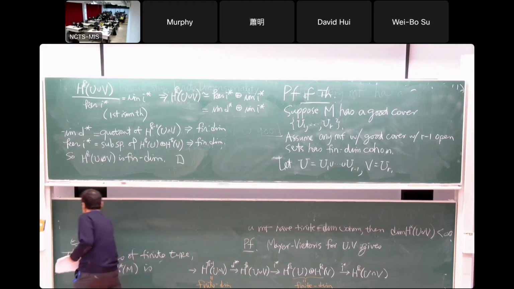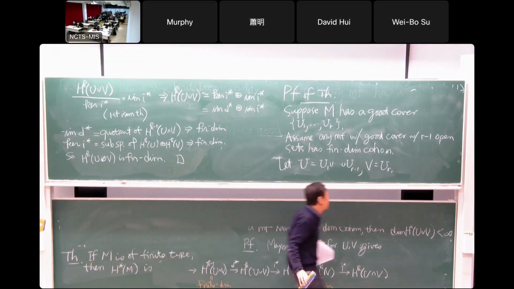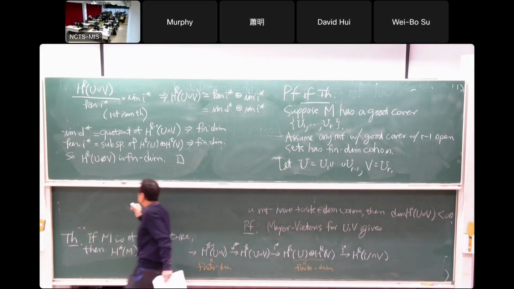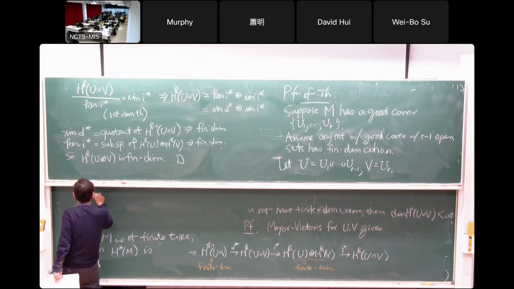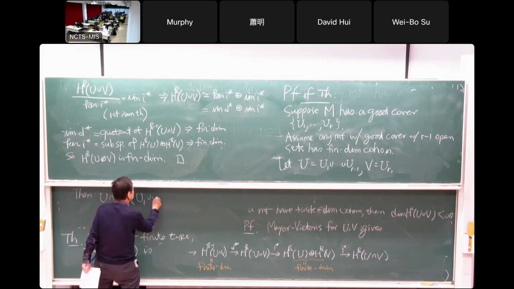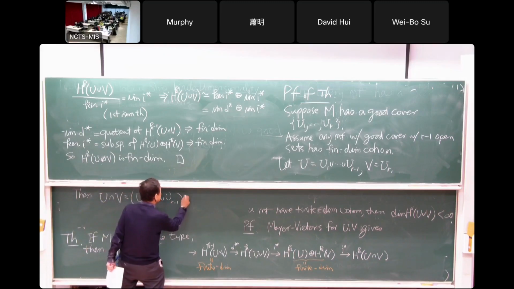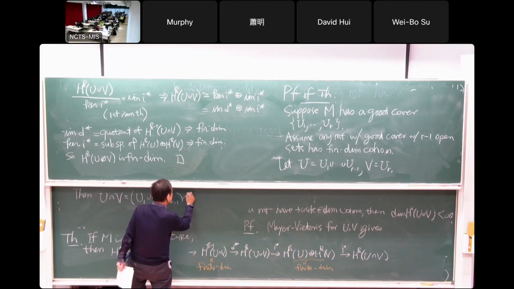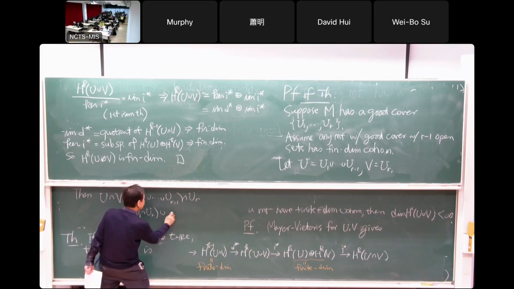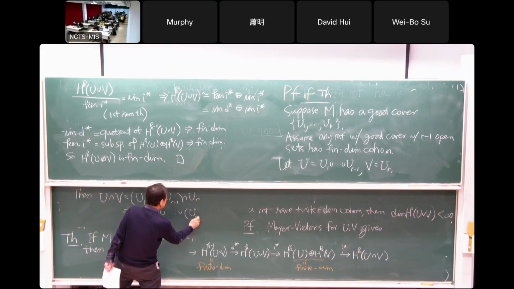What is the intersection? U intersection V is (U1 union ... union U(r-1)) intersect V, and so it is (U1 intersect Ur) union ..., by the distributive property of intersection over union.